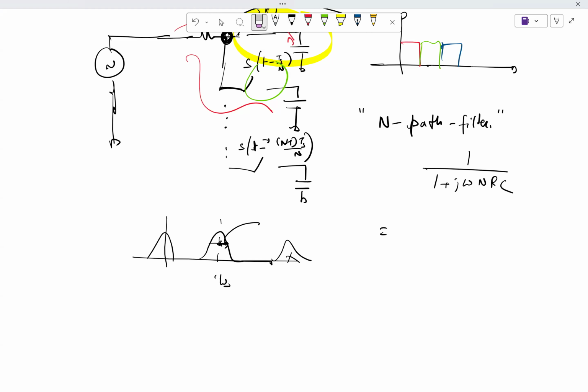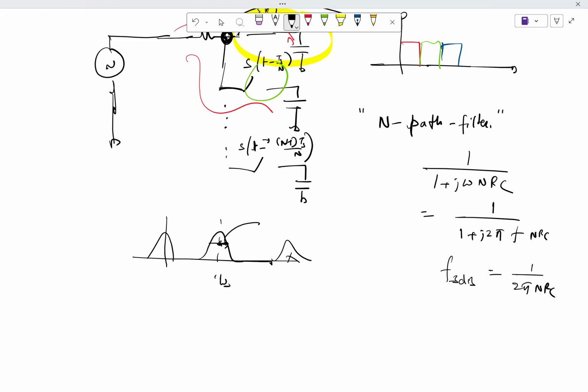So if I write it in terms of 3 dB, it is 1 plus j 2 pi f times NRC. So your f 3 dB is 1 by 2 pi NRC, right?